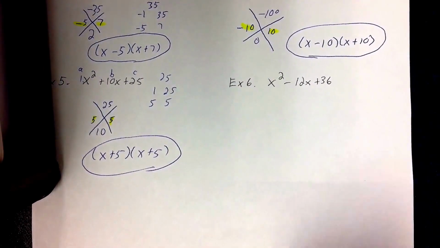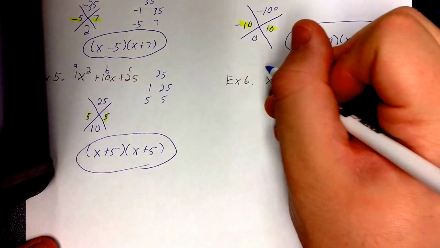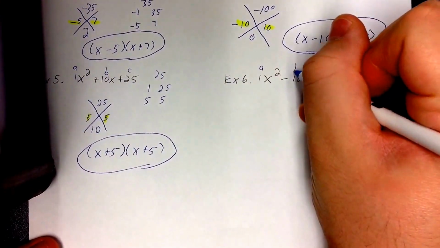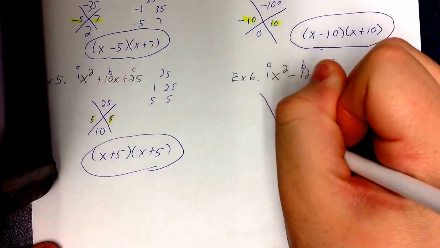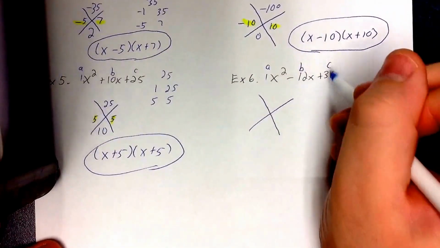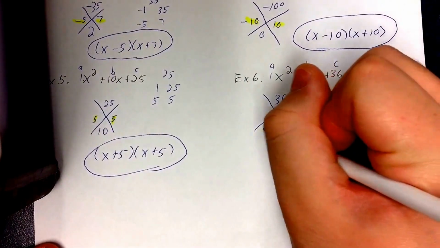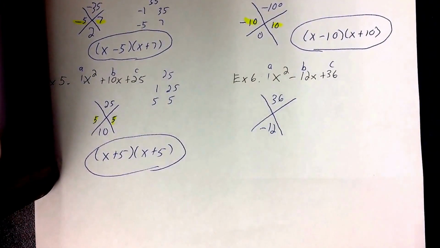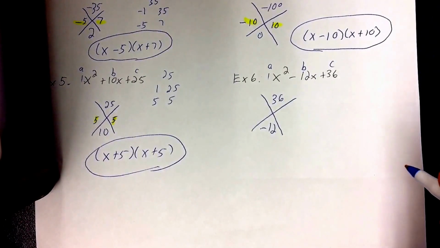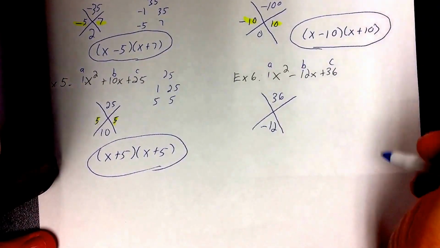Example 6, x squared minus 12x plus 36. So A would be 1, B would be negative 12, C would be 36. So 1 times 36 is 36, and then I got negative 12 on the bottom. So if I got a positive on top and a negative on bottom, that means both side numbers have to be negative.